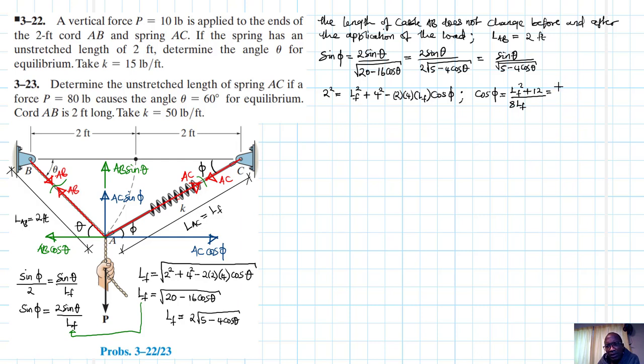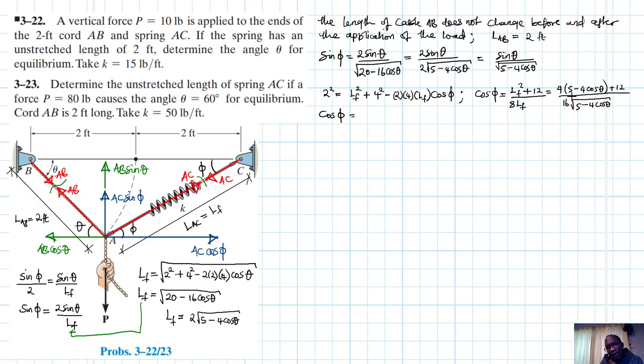Our L final squared becomes 4 times 5 minus 4 cos theta, that is 20 minus 16 cos theta, plus 12, divided by 8 times 2, which is 16 root of 5 minus 4 cos theta. The top part we can simplify again.